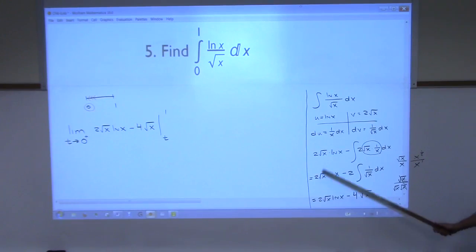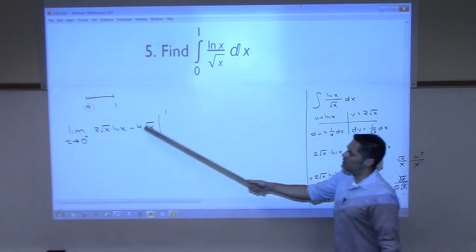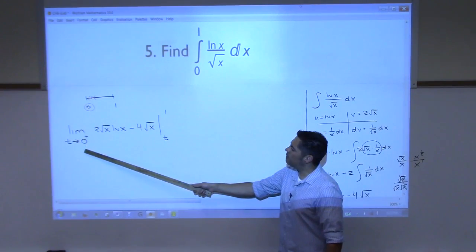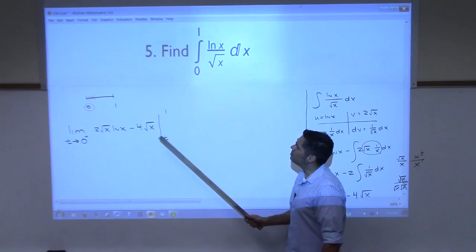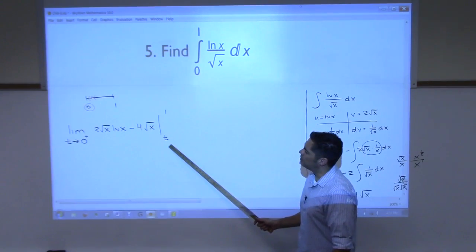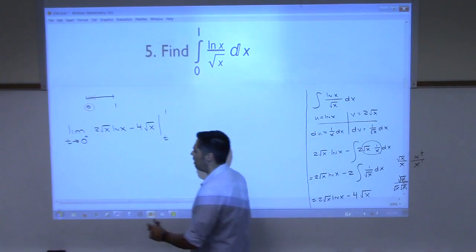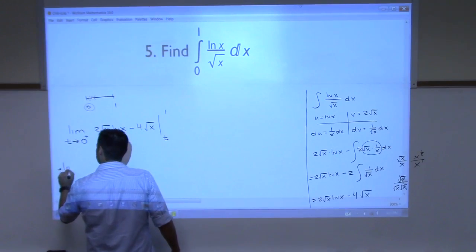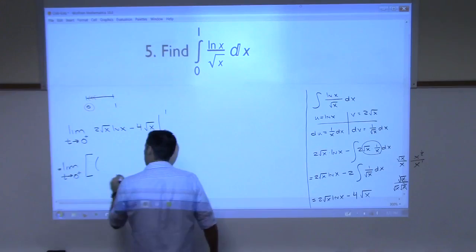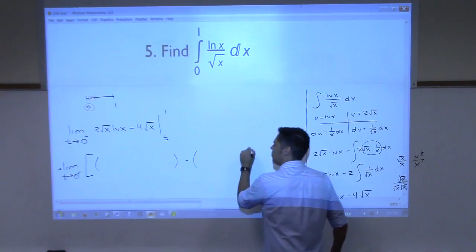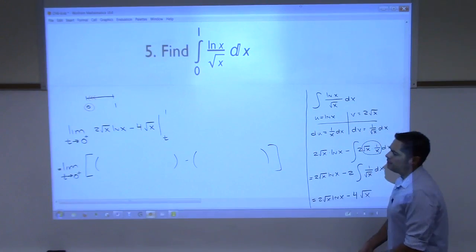All right, so assuming you can get this part, then you rewrite this integral as a limit. You're going to approach 0 from the right, and you replace the lower limit of integration with t. And now you're going to plug in. You're going to have your limit as t approaches 0 from the right, bracket, parenthesis. And first we plug in 1.